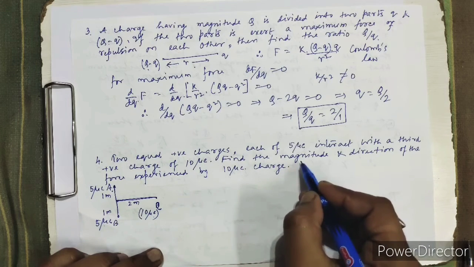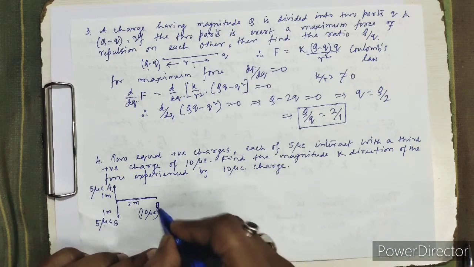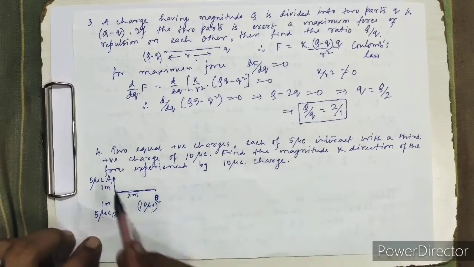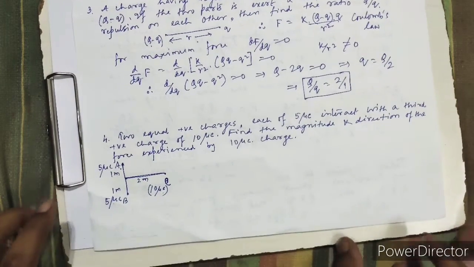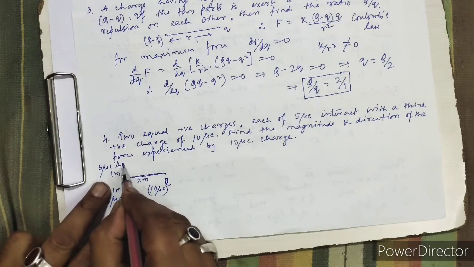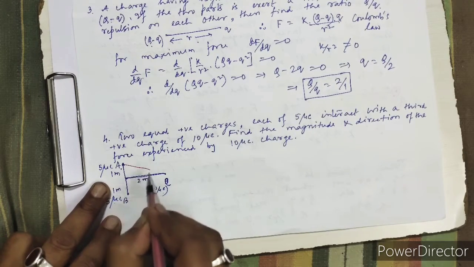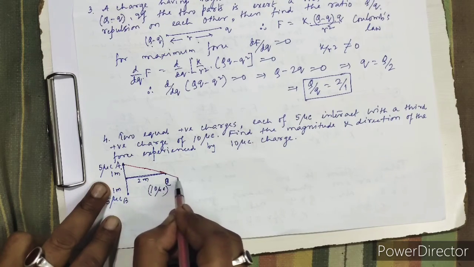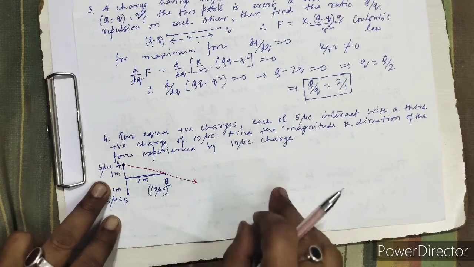We find the value of force at C. If A and C both are positive, the direction of this force is along this.